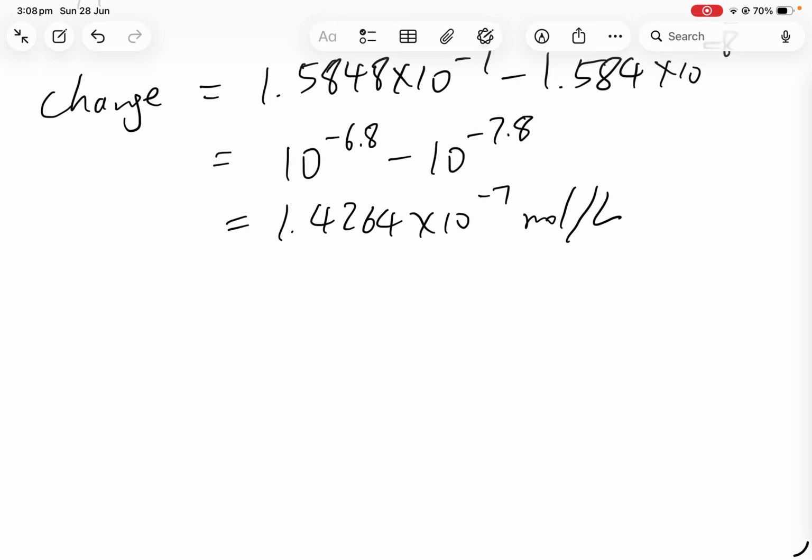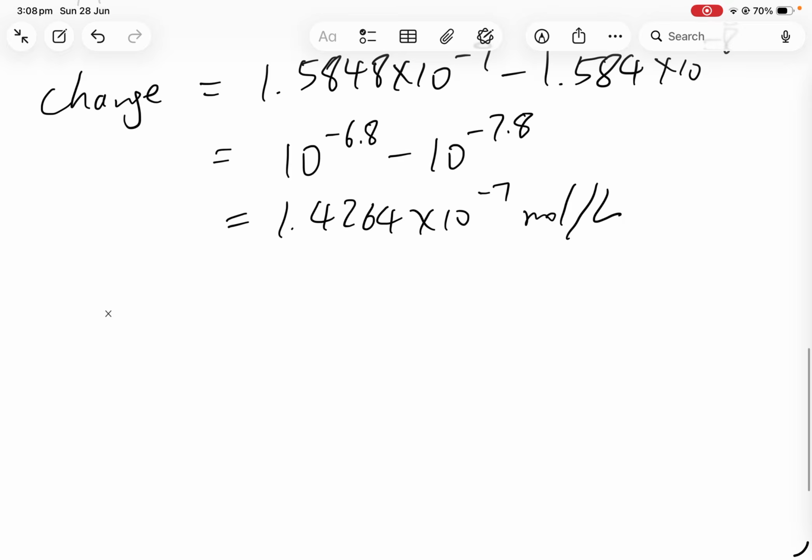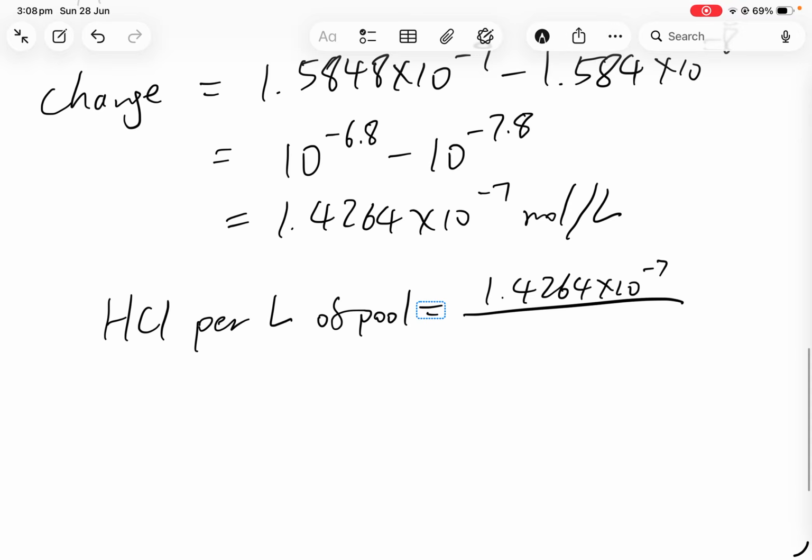So we can just do HCl per liter of pool will equal 1.4264 times 10 to the negative 7, over the 12, and this will equal 1.188 times 10 to the power of negative 8.